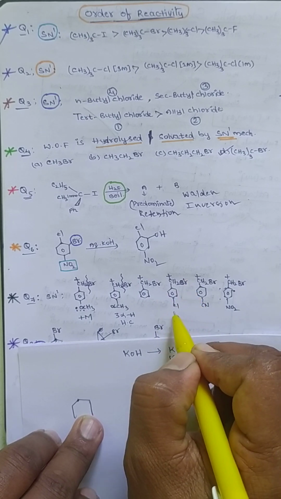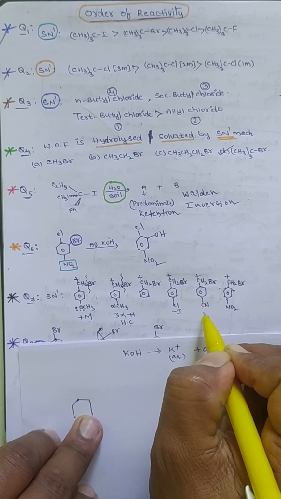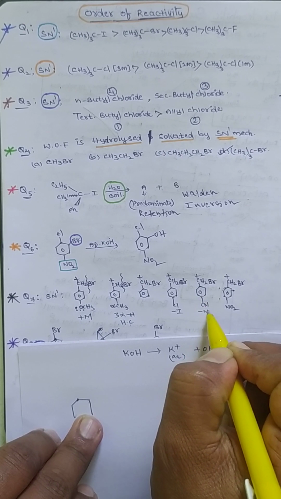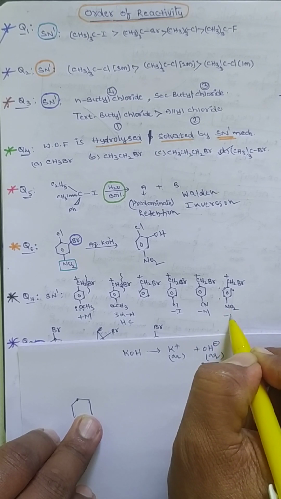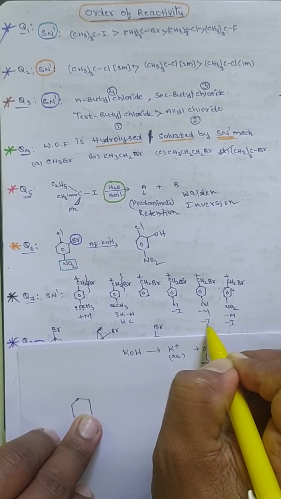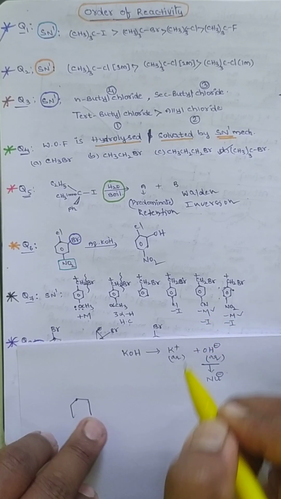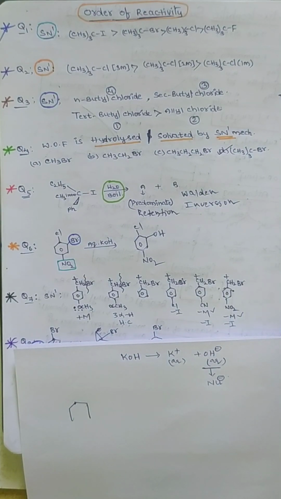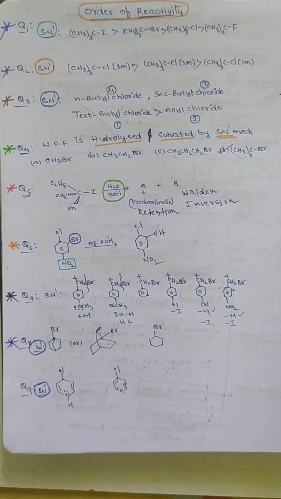Next, this chlorine will act as minus I. This is acting as minus M because of cyanide. This is also acting as minus M and minus I. Here it is also acting as minus I, but compared to the inductive effect, the mesomeric effect is dominating, so we consider the mesomeric effect.